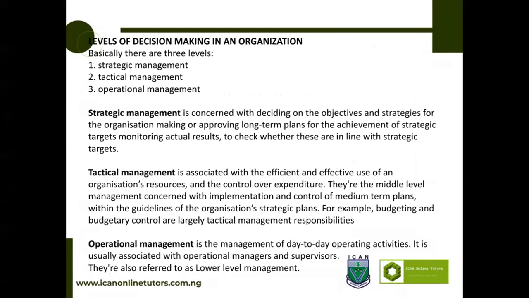Quickly permit me to take us to the levels of decision making in an organization. We are already aware that cost accounting has to do with information for decision making of an organization. What are the levels of decision making that we have?